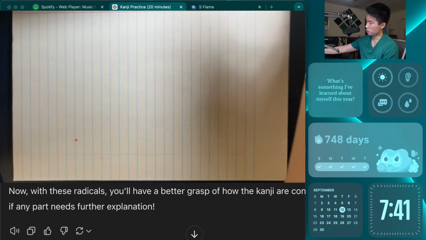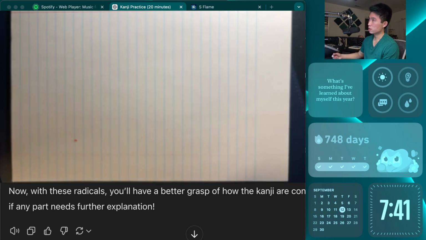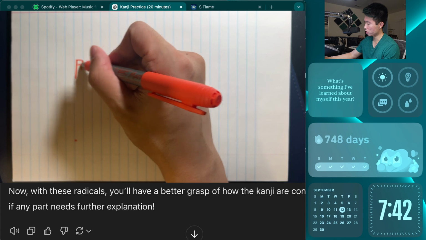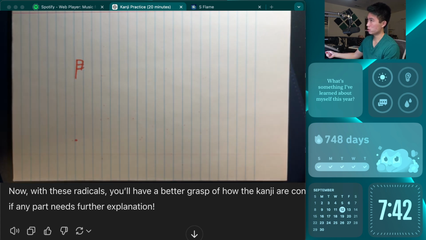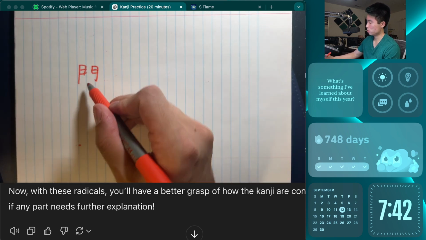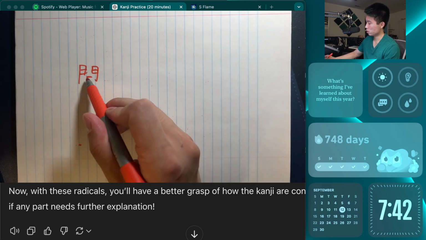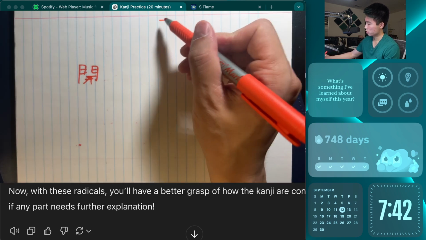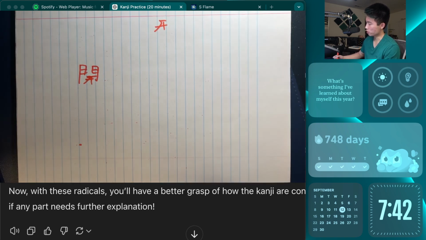So let's try each of them from scratch real quick. Let's do a random order. Let's try open first. So open has this in it, mon, and then the symbol in the middle like that, which to me is like, oh, it's open.